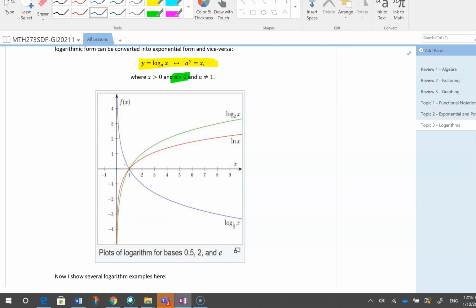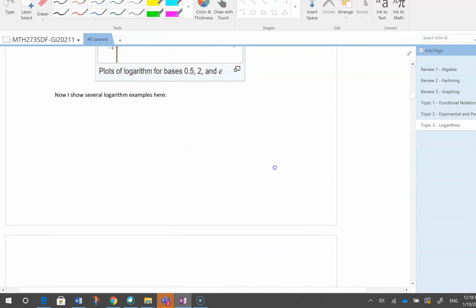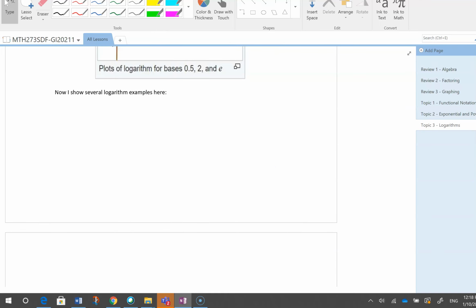Or you can make the graph using a table of values: you give some value to x, you find y, you find those points, and then connect them. So not too many details for the graph.